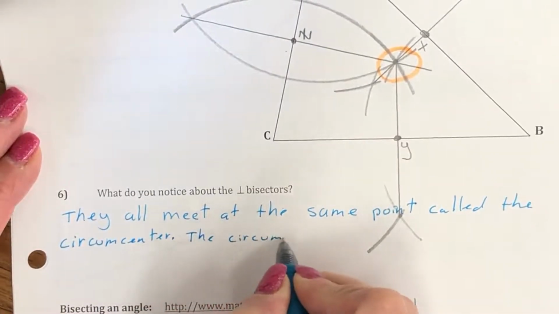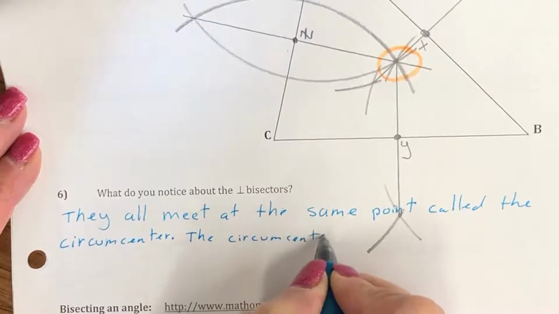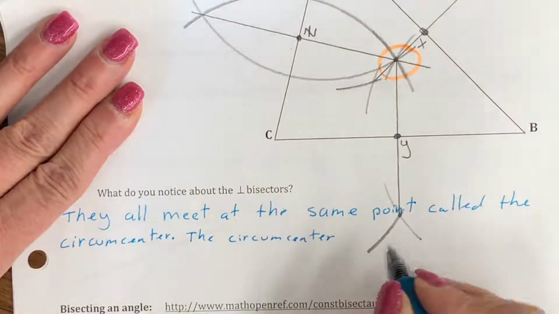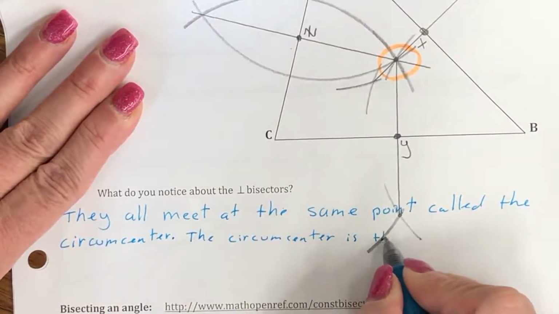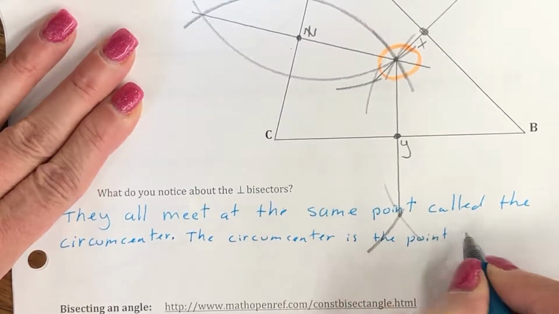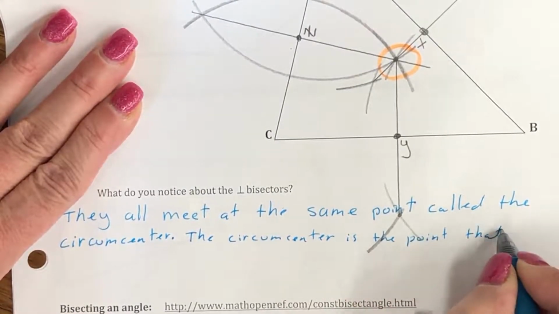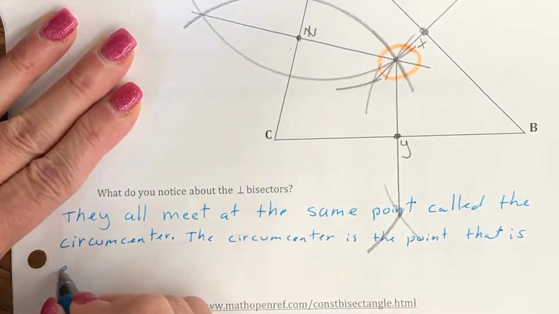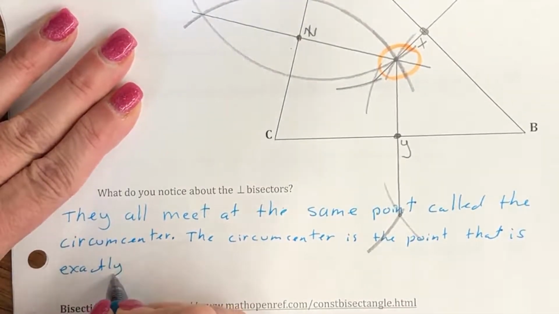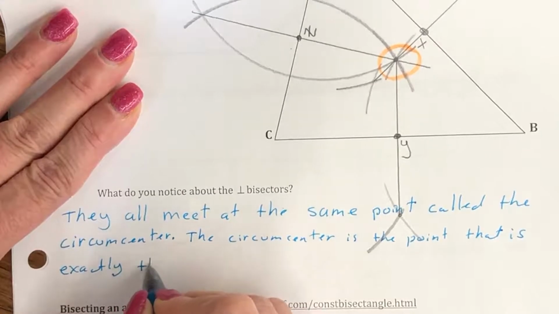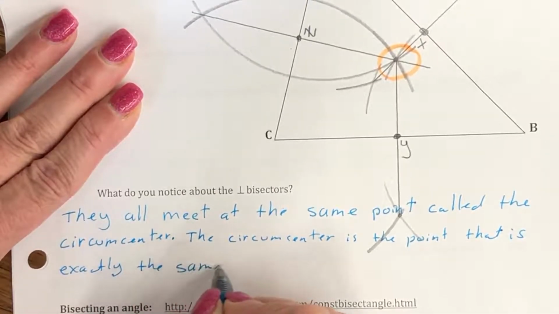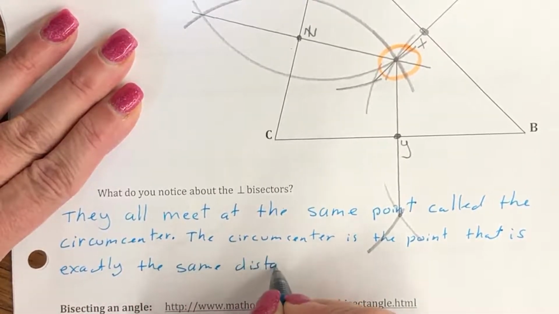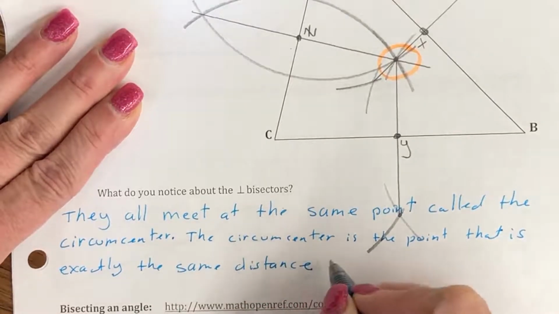The circumcenter is the point that is exactly the same distance to each vertex.